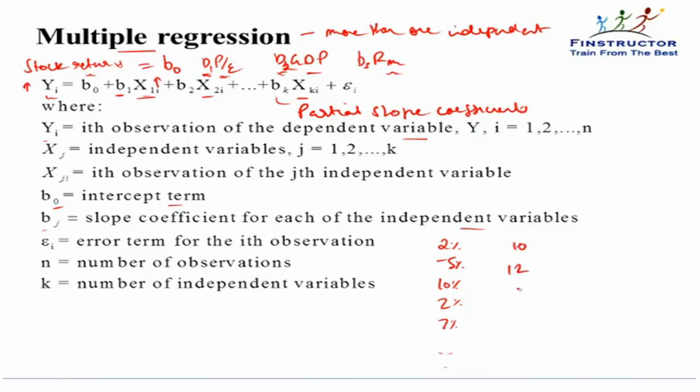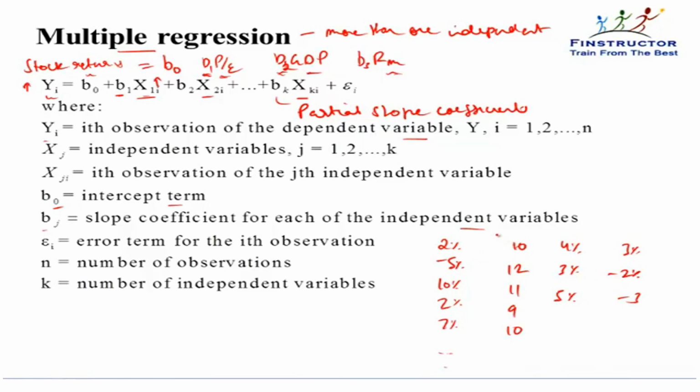Let's say it was 10, 12, 11, 9, 10 in the range. I will also measure the GDP growth for each of the quarters, and I will also measure the return on the stock market. So this will give me my historical data of the stock return with the variation on the independent variables.